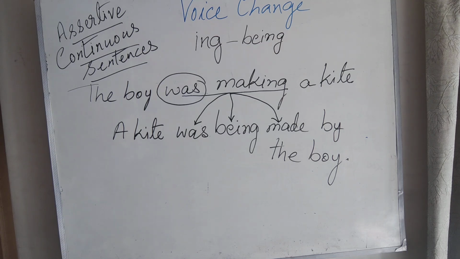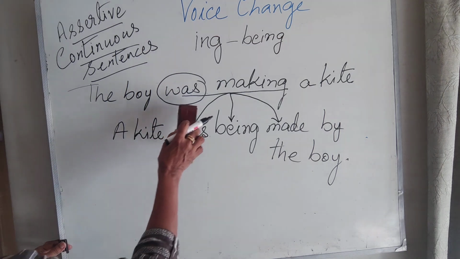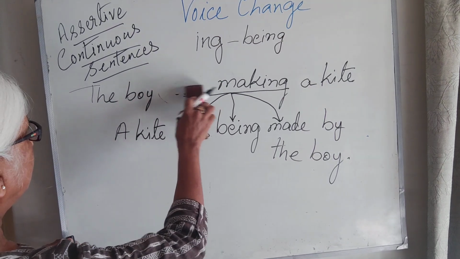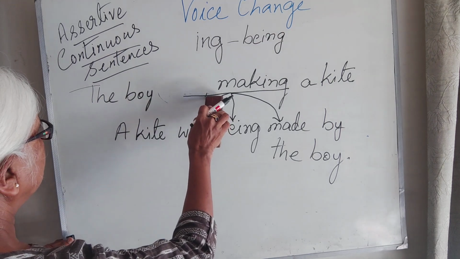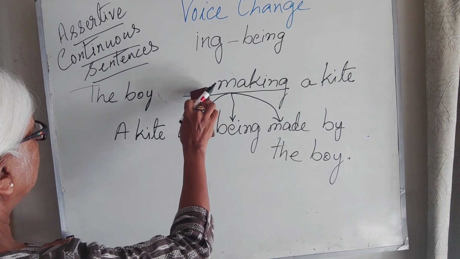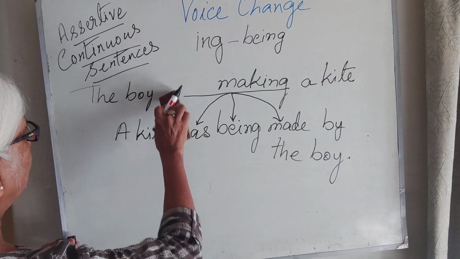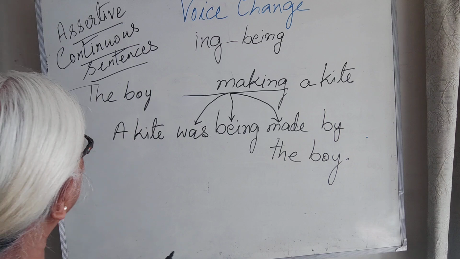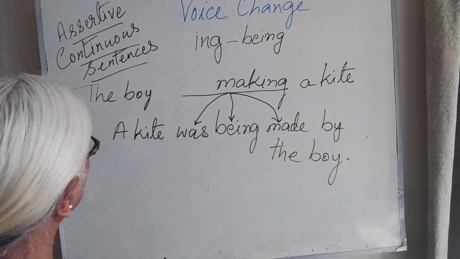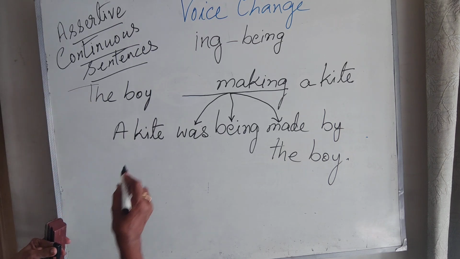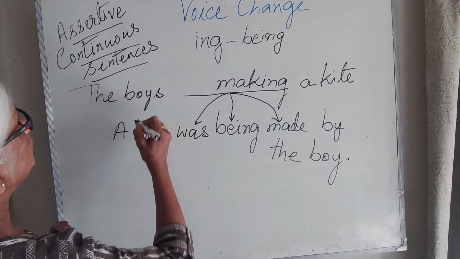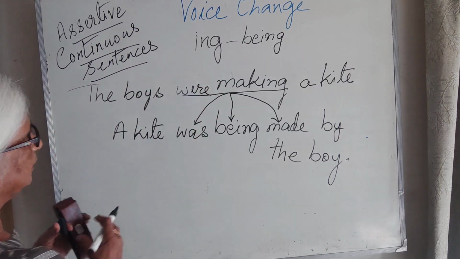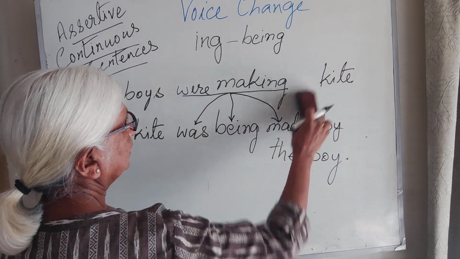Now instead of the boy, a single boy, we are changing it into many boys. Okay? During these pujas and all, during Saraswati Puja, then Vishwakarma Puja, you have a lot of boys, many boys making kites. That's the way they celebrate those pujas or those occasions. Okay, the boys, obviously it becomes here, were making kites.